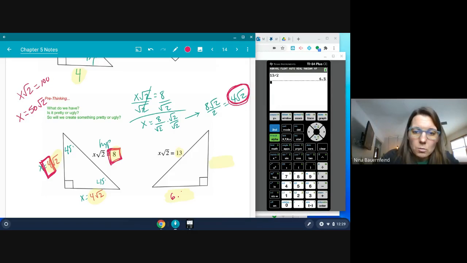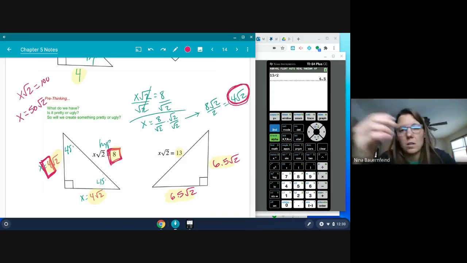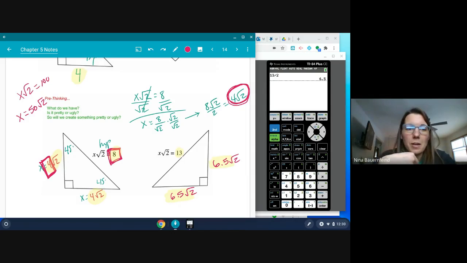Good. So we have 6.5 root 2, 6.5 root 2. Decimals are weird, so if you guys wanted to do 13 over 2 in this instance, that's fine. But just for ease, if you have a pretty hypotenuse for the 45, 45, 90s, you can just cut the number in half, okay?